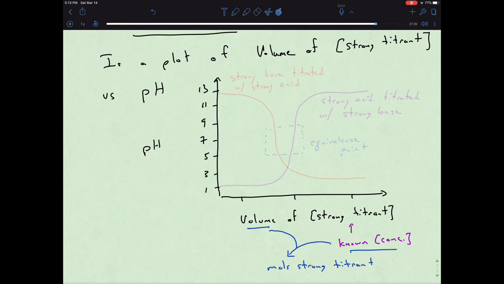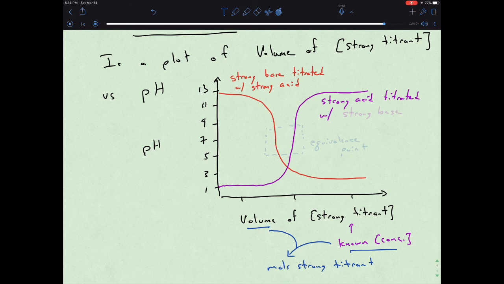You know, we can have plots that might look like this, and that would be an example of a strong base titrated with strong acid, or we could see other types of plots, such as maybe something that looks like this, and this would be a strong acid titrated with a strong base.